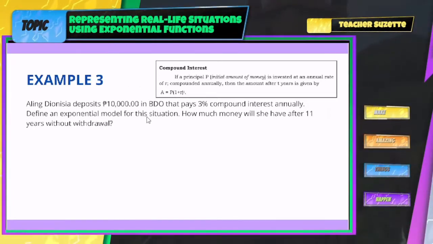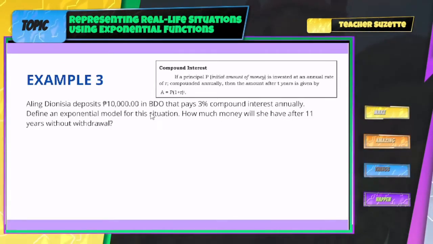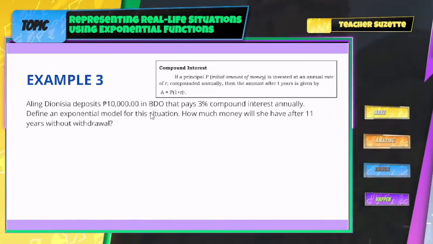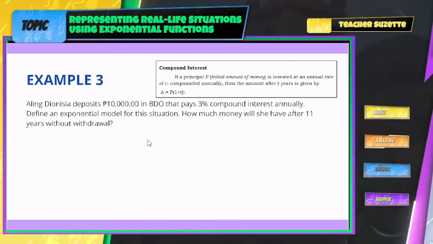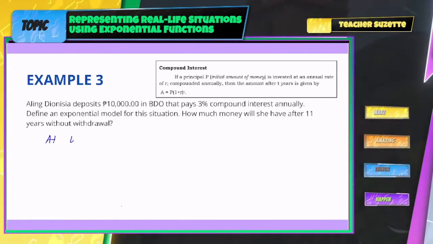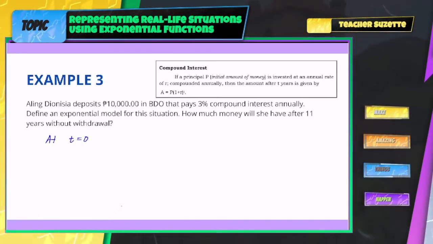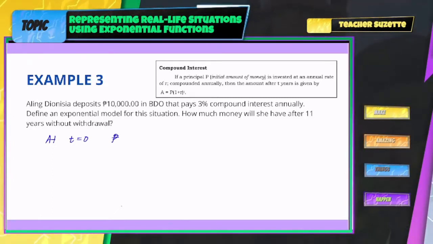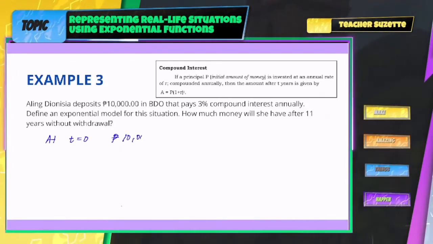compound interest. Again, this is an interest that you earn both from the money you save and from the interest. So, if that's the case, let's analyze our problem. At the initial year, so as your t is equal to 0 or your time is equal to 0, ang initial or principal amount na in-invest ni Junicia is 10,000.